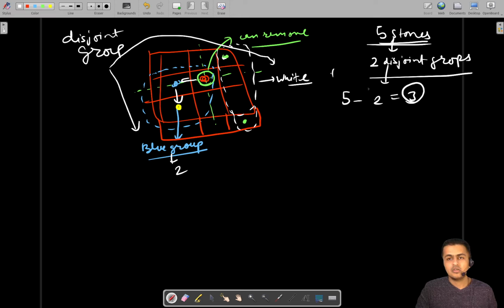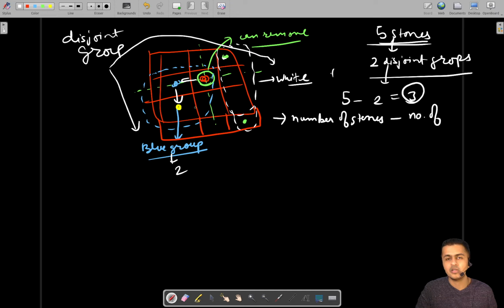Okay, so the formula becomes number of stones minus number of disjoint groups, or you can say number of connected components. So these groups are called components.